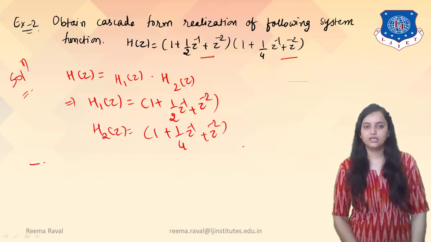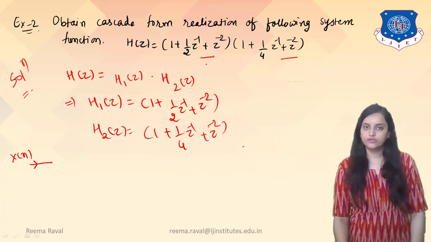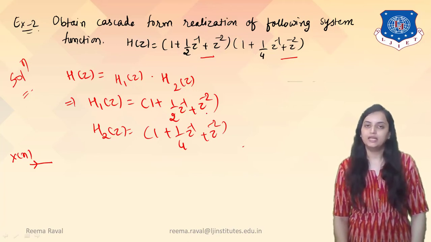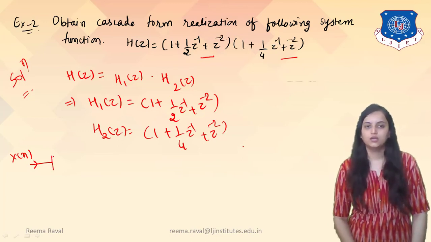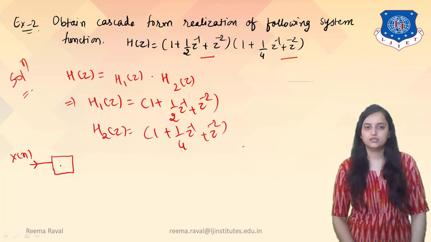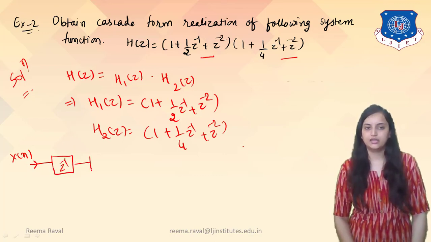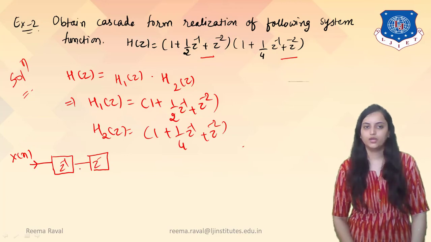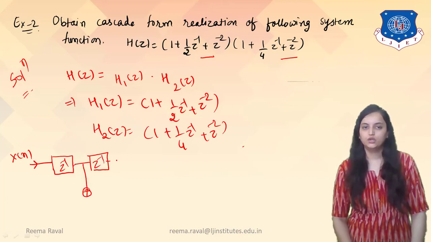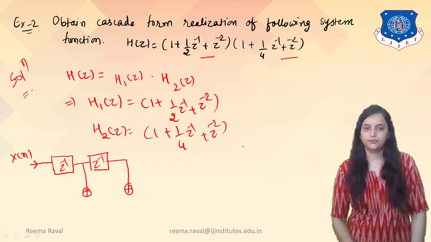We are giving the input, called x of n. In H1 of z, the maximum power or order of the equation is 2, so we are going to use two delay elements, z inverse and z inverse, and two adders to indicate the system transfer function in total.